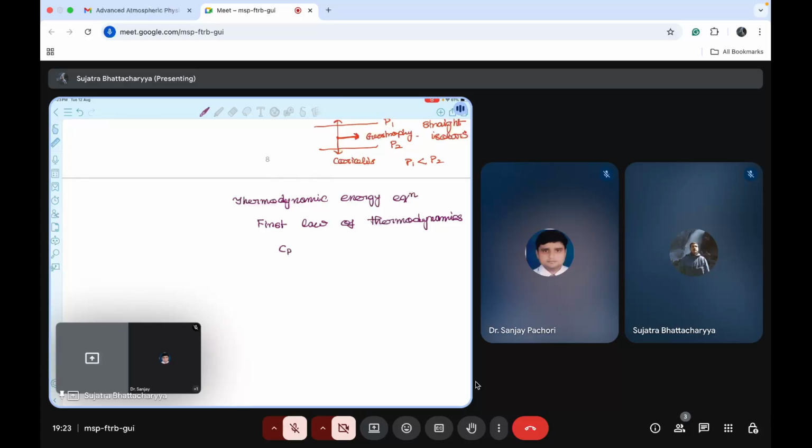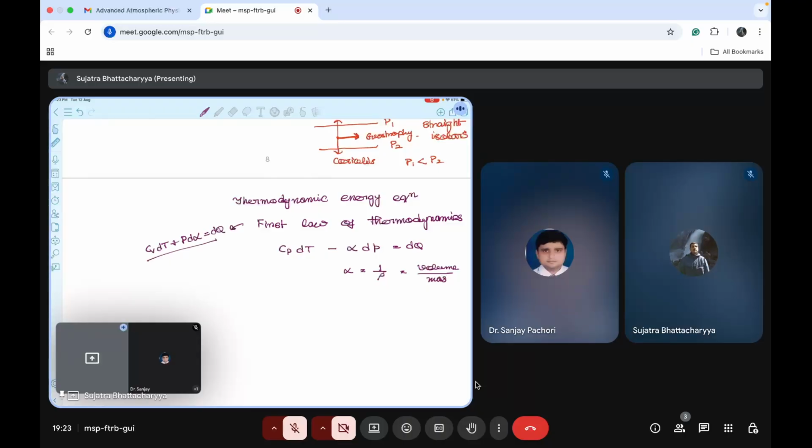So what is that? Cp dT minus alpha dp is equal to dq. What is alpha? Alpha is 1 by rho, which is nothing but volume per unit mass. Density is mass per unit volume, alpha is volume per unit mass. We can write the first law also as Cp dT plus P d alpha is equal to dq.